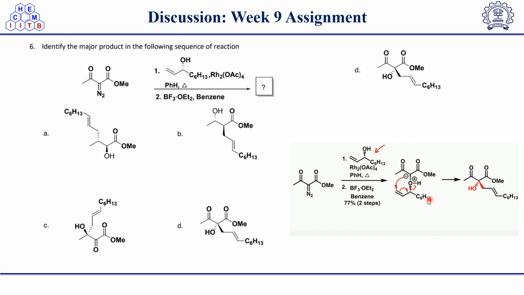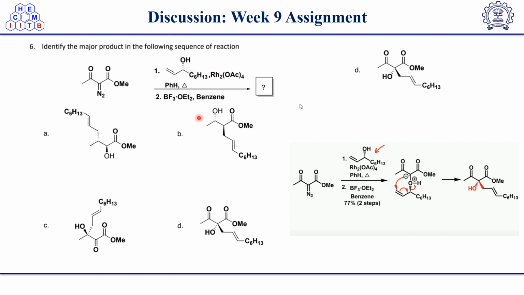Then as a result of the elimination of this N2, a minus charge will be there at this carbon, and that will attack this double bond, and the double bond will shift to here, and this bond will shift to here. So we will get this as our major product. So here the correct answer will be option D.